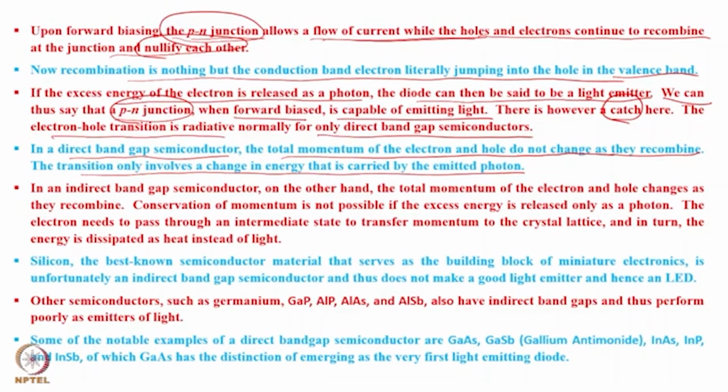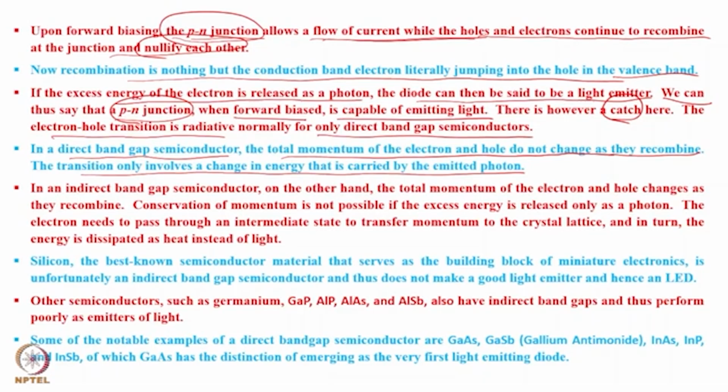So in a direct band gap semiconductor, this transition results in both conservation of momentum as well as conservation of energy. Conservation of energy just comes from the creation of this photon. So in a direct band gap semiconductor, this process is quite possible.